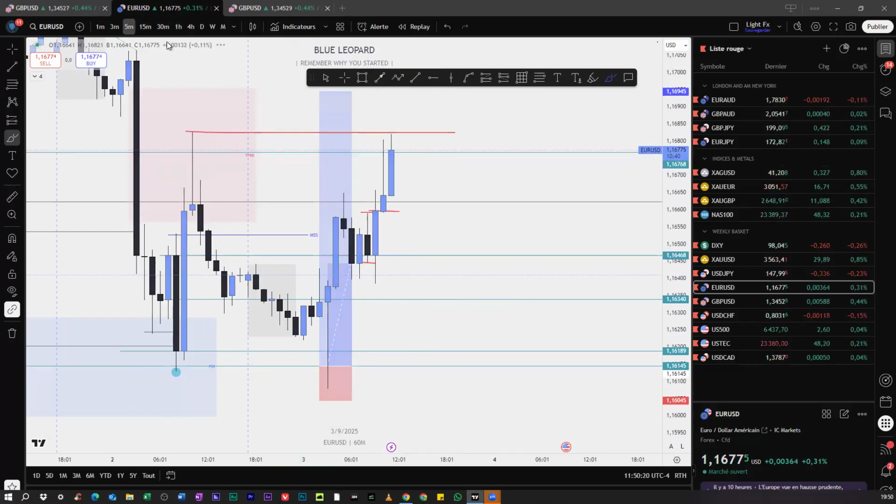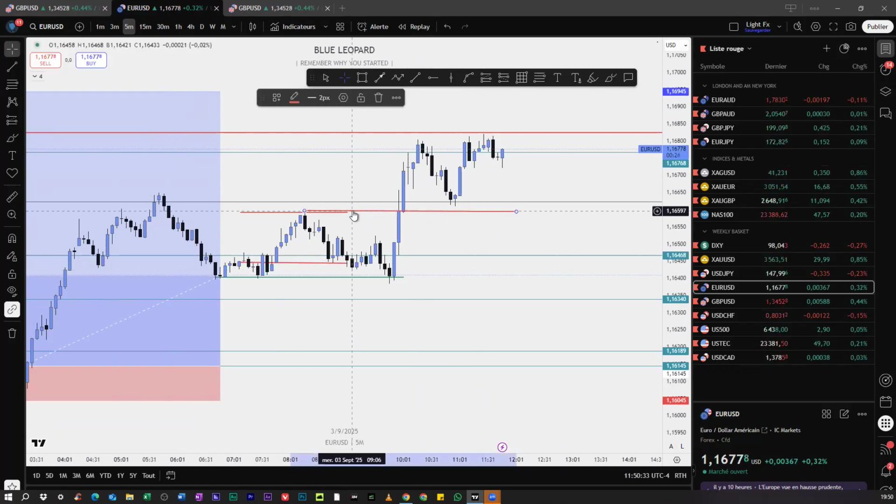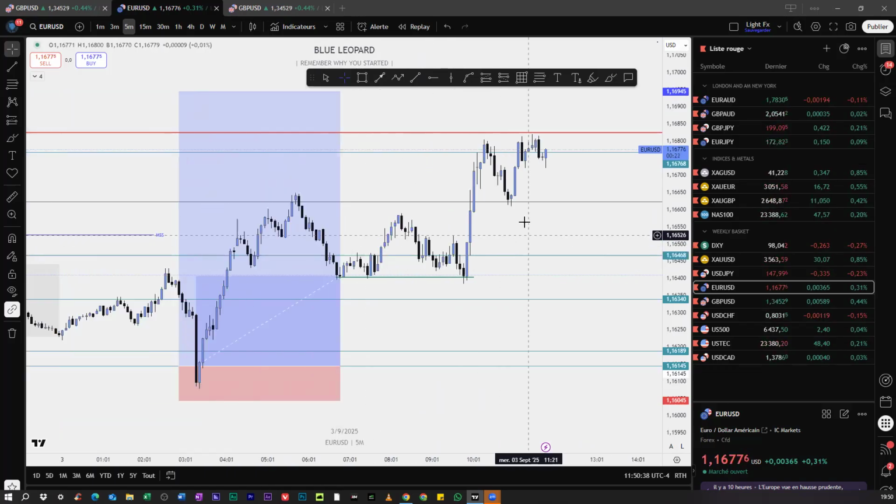We can go on the lower time frame and see that you have this manipulation here. Once price came and took out these lows, now I know I want to enter. But when you trade to catch a 1 hour candle, it's a cap.